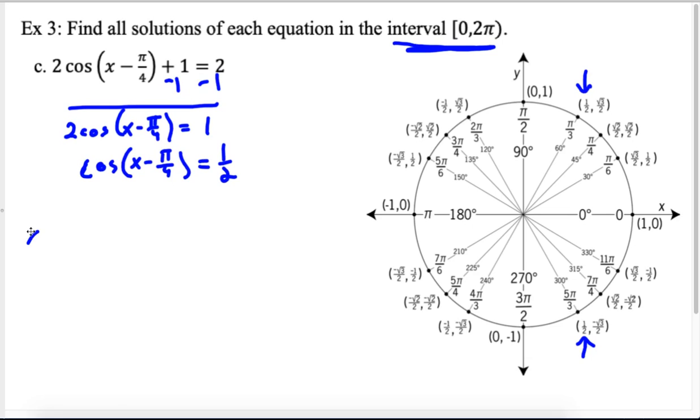Now this is the key: since I've got x minus pi over 4 on the inside, I need to take that whole thing, x minus pi over 4, and set that equal to my angles, pi over 3 plus 2 pi n and 5 pi over 3 plus 2 pi n.